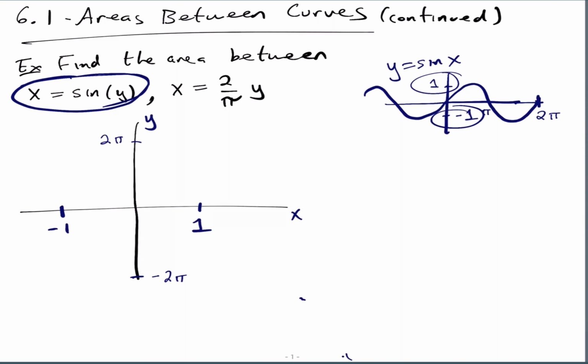So it'd probably be helpful to just think through a couple points here. If I plug in minus 2 pi for y, what do I get for x? I get 0, right? Well, it's just going up the y-axis instead of sideways along the x-axis.